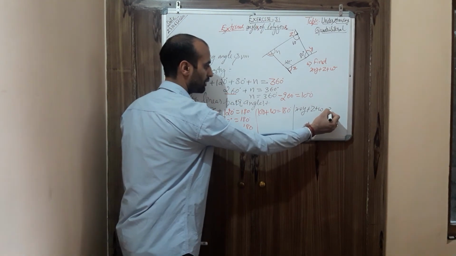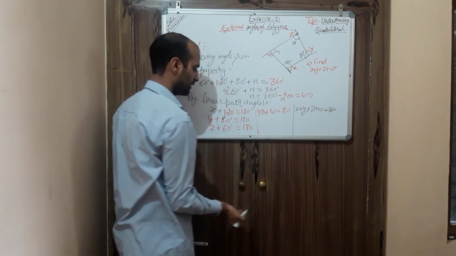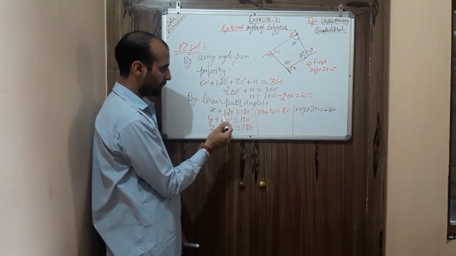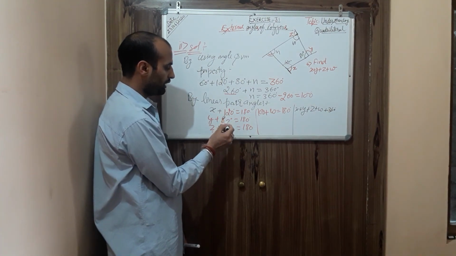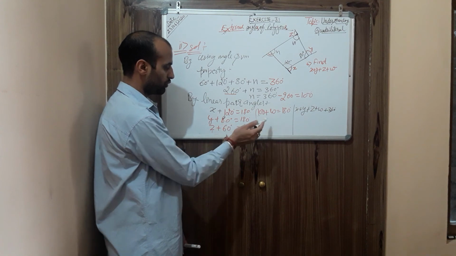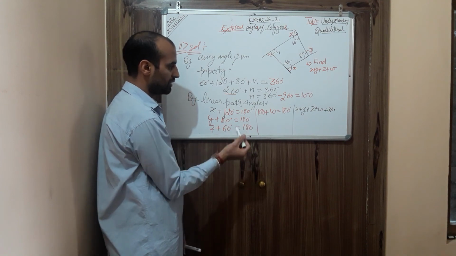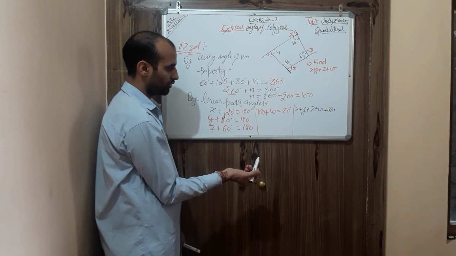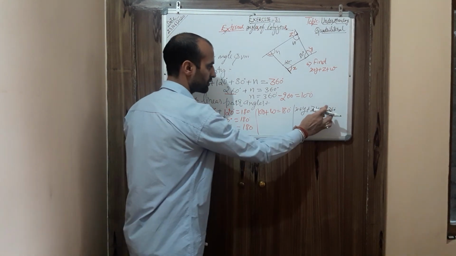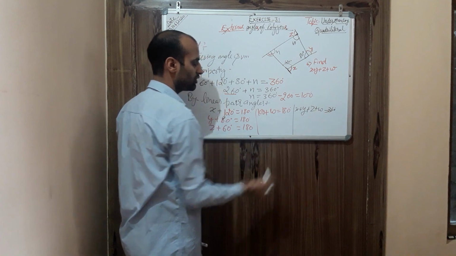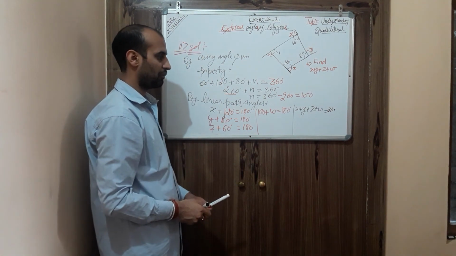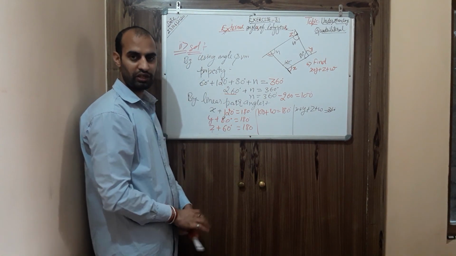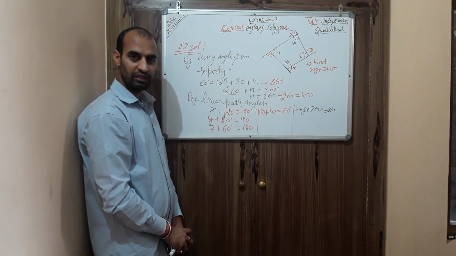If you are adding all, it becomes 360 degrees, because here you can see 120 plus 80 is 200, 200 and 260 plus 180. In this way, after subtracting, you will get 360 once again. Hope, my dear student, you are able to understand this question also. Thank you so much.